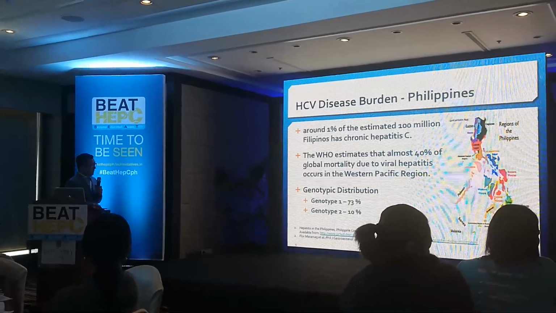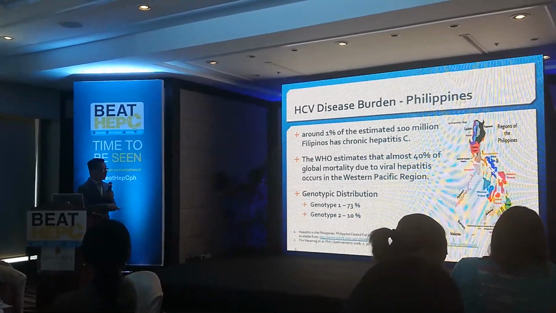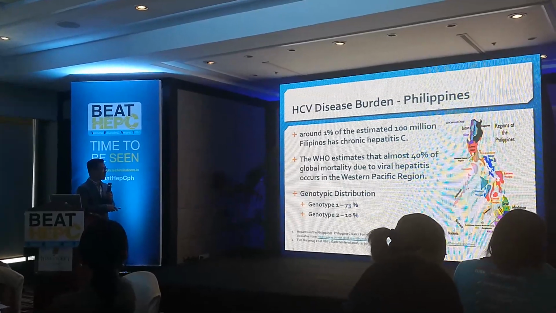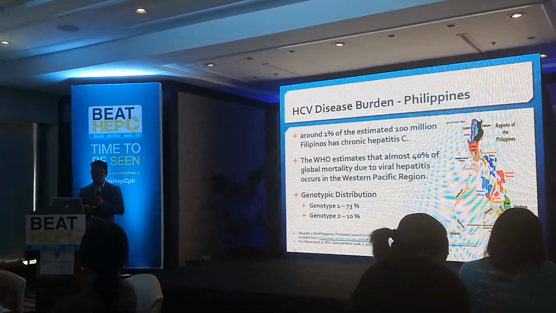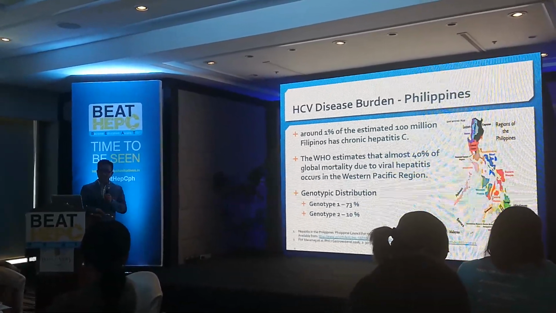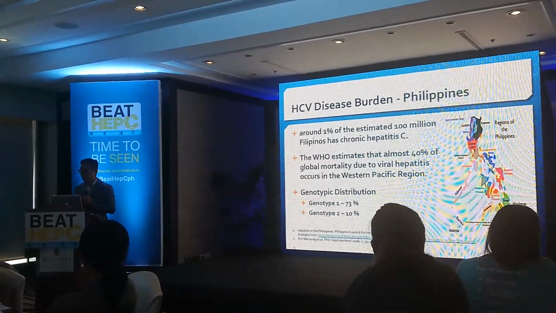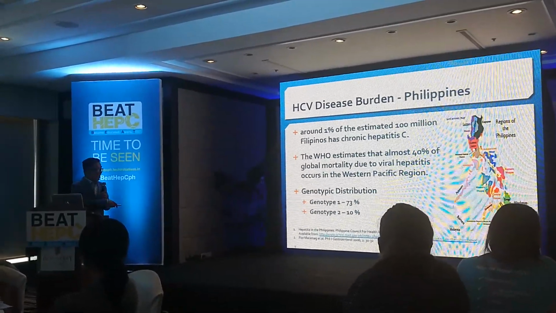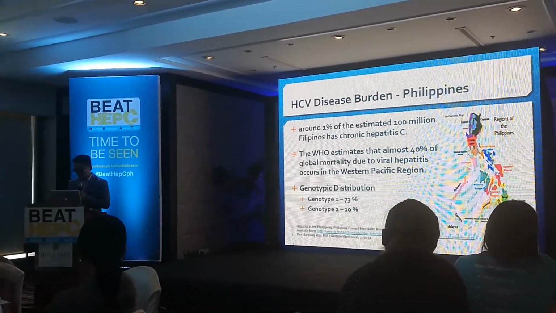Apart from that, based on WHO data, 40% of the global mortality due to viral hepatitis occurs in the region where the Philippines is, the Western Pacific region. And based on genotypes, this is medyo technical, we have several genotypes of hepatitis C, genotype 1 to 6. The most prevalent genotype in the Philippines is genotype 1.